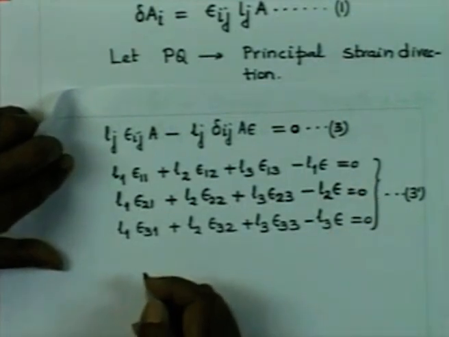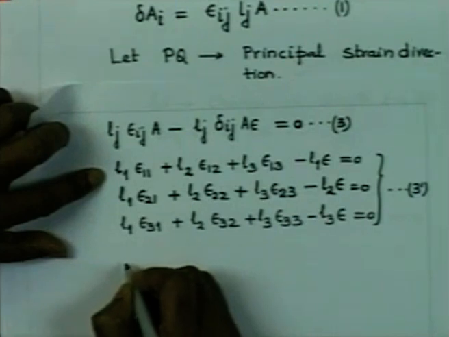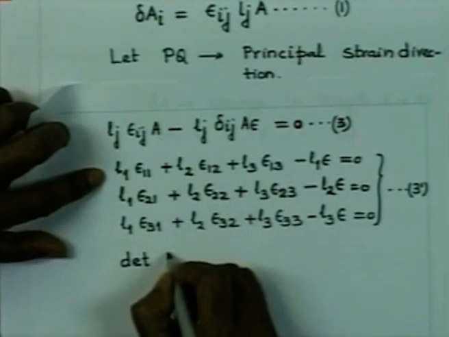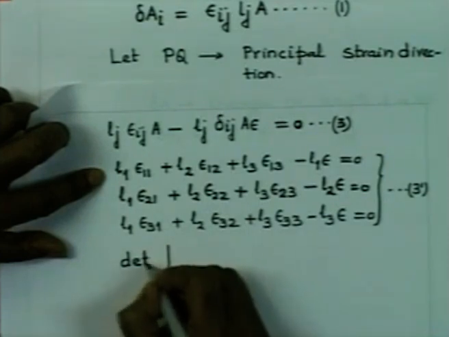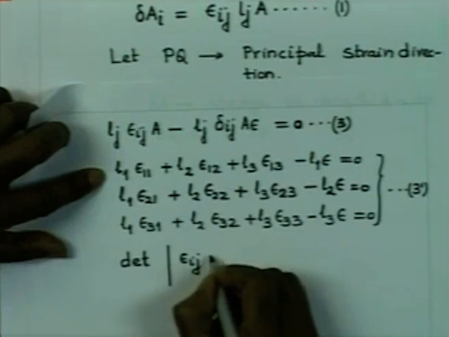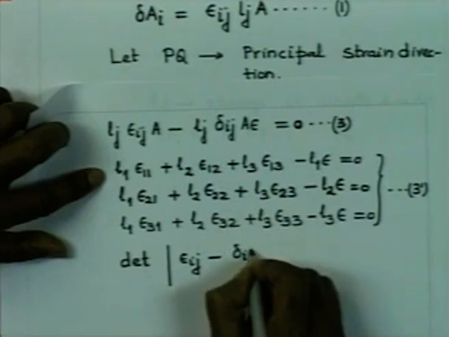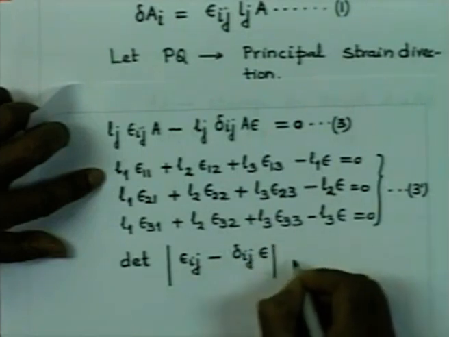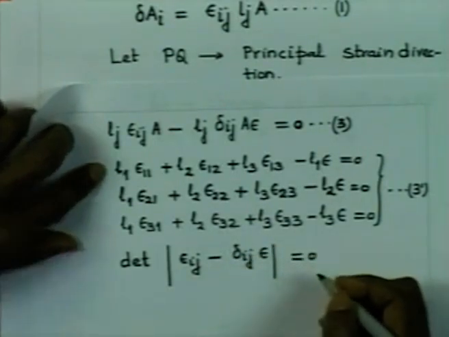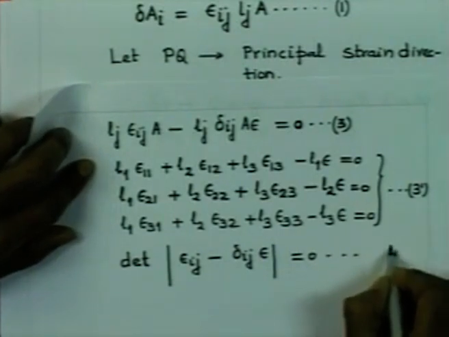Therefore, if it is to give us non-zero solutions, then we must have the determinant of the quantity epsilon ij minus delta ij epsilon equal to 0. This is the characteristic equation.